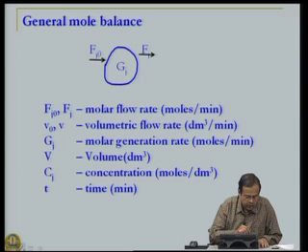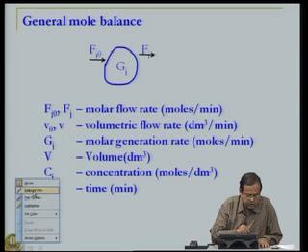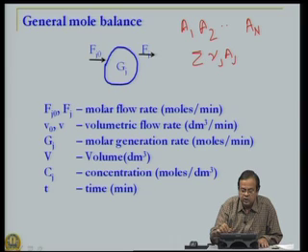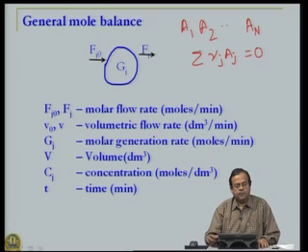Once again we say that we have n species A1, A2, up to An, in which the reaction sum of nu j A j equal to 0 is taking place.